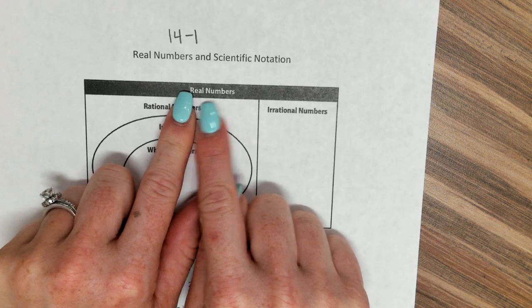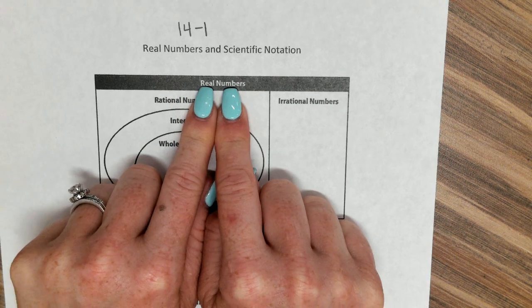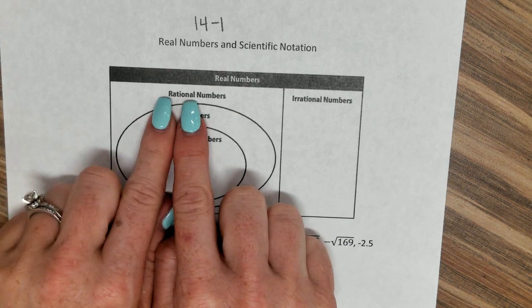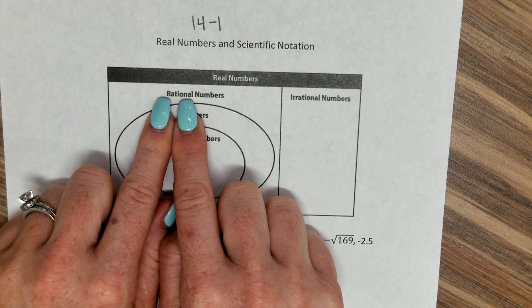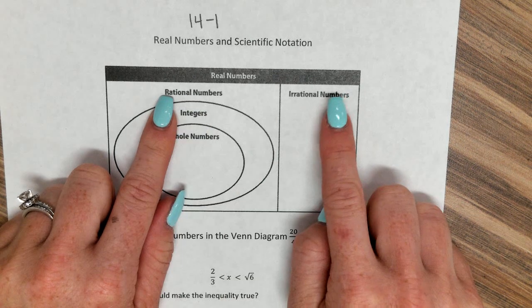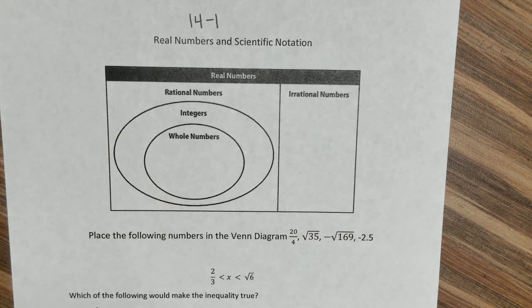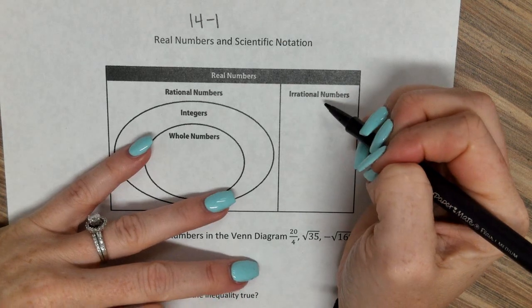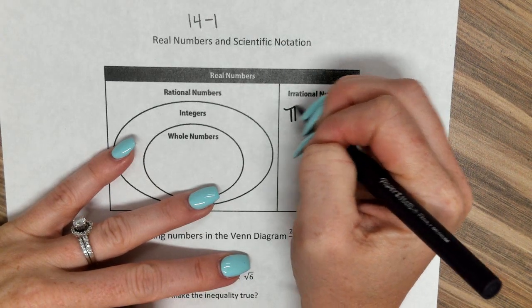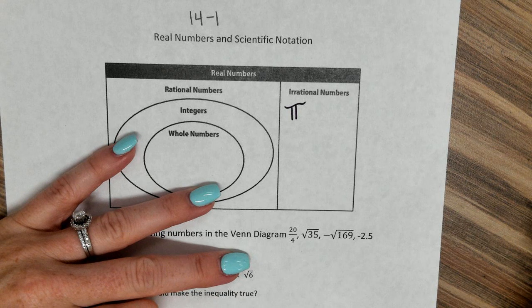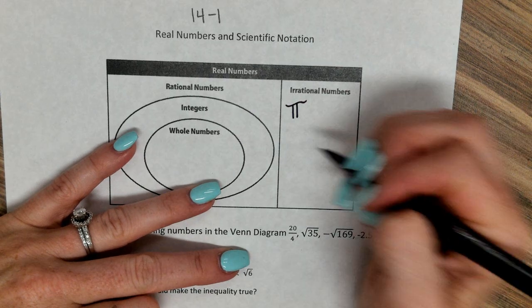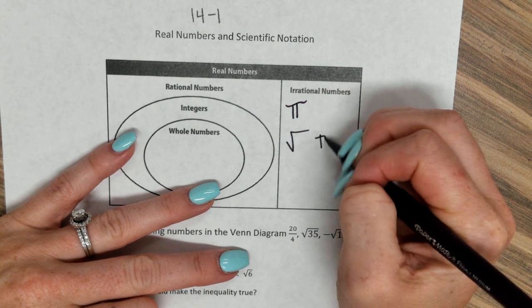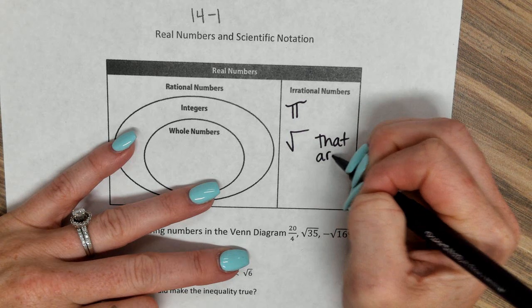All numbers in 8th grade are real numbers. They are either rational or irrational, but they can never be rational and irrational at the same time. They have to be one or the other. Irrational numbers are pi, write that down, and all your square roots that are not whole.